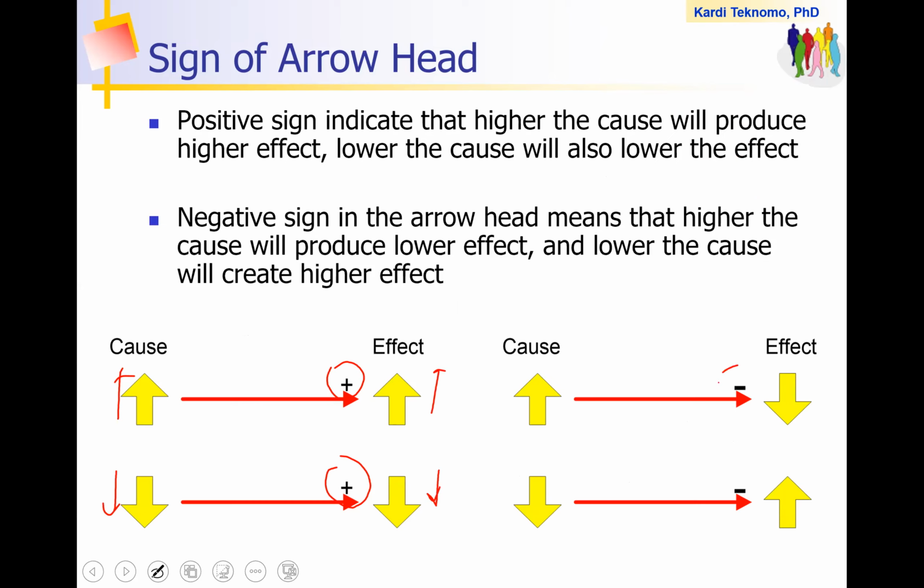You will put negative sign here. When the cause increase, the effect decrease. When the cause decrease, the effect increase. So this is reverse, no? The inverse influence. So regarding the arrow sign, is it clear or not?